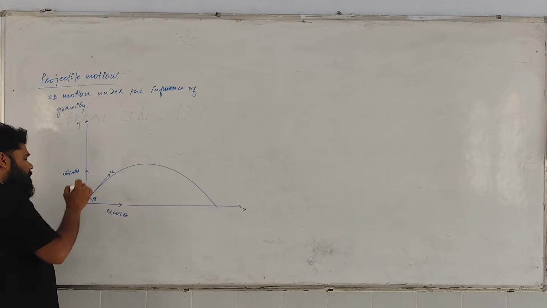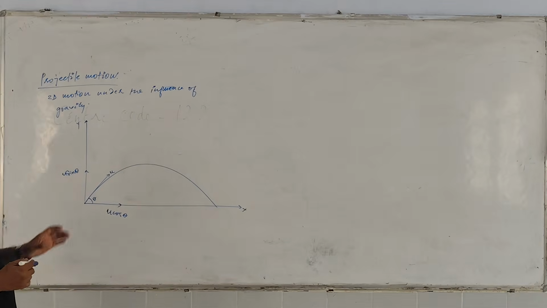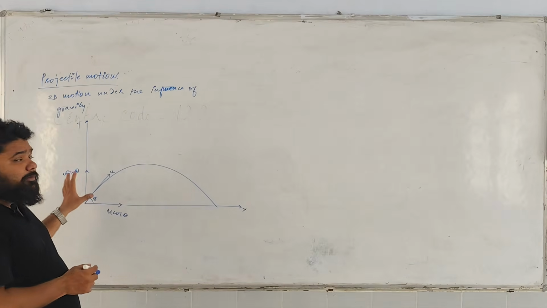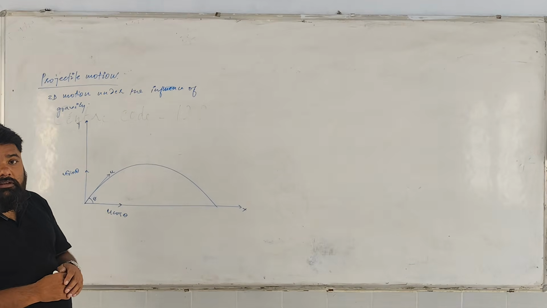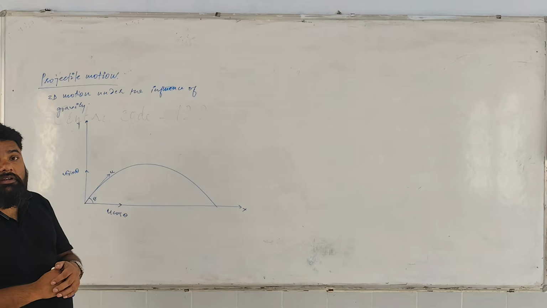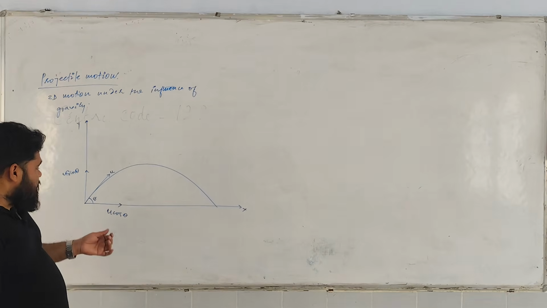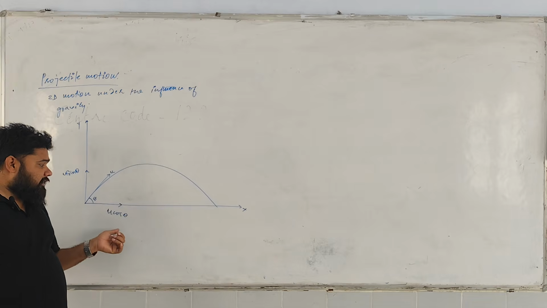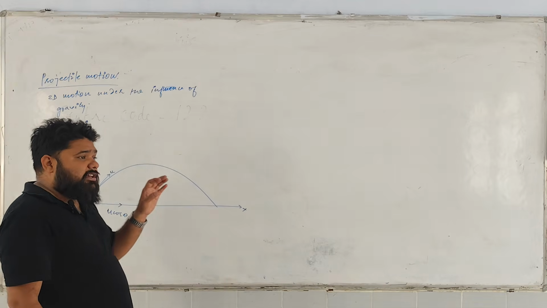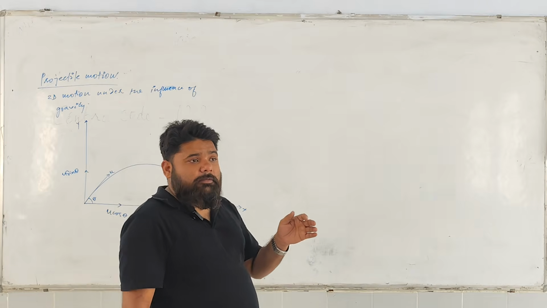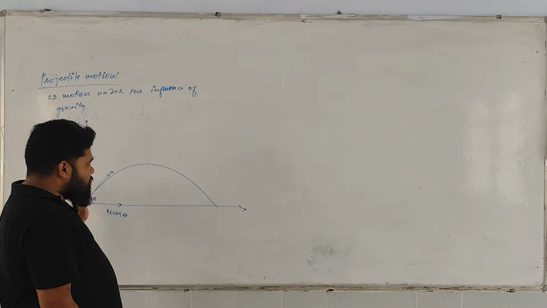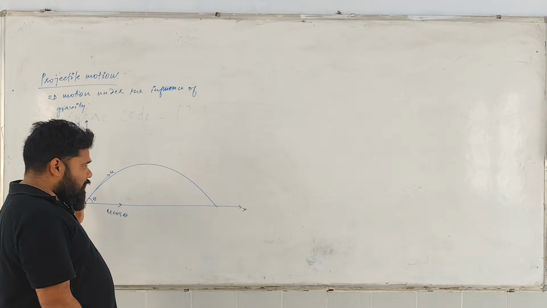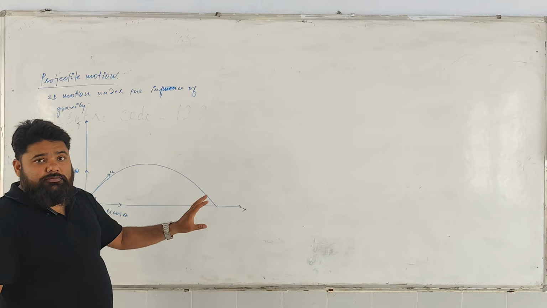So under the combined effect of these two components, the path will be parabolic and the motion will be projectile. How? The horizontal component, u cos theta, remains the same over the entire motion, because along the x-axis there is no opposing force.